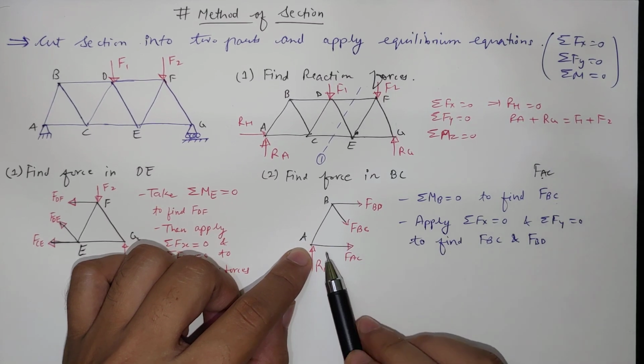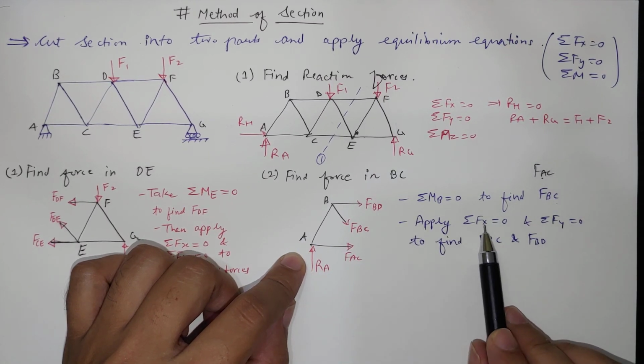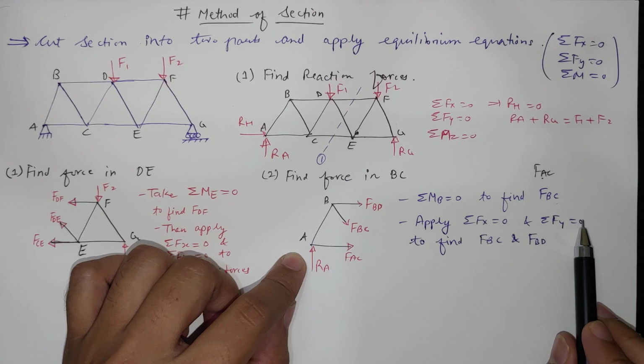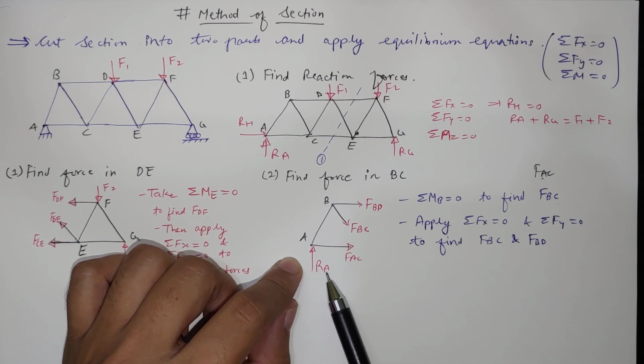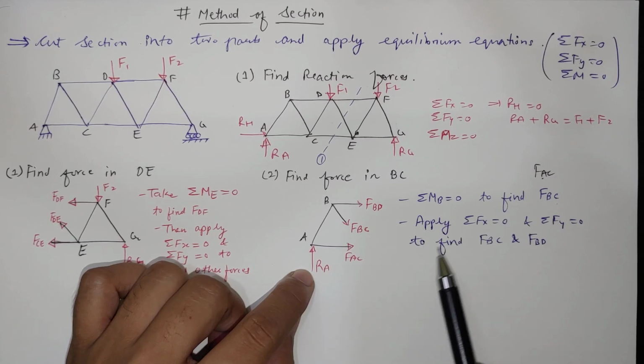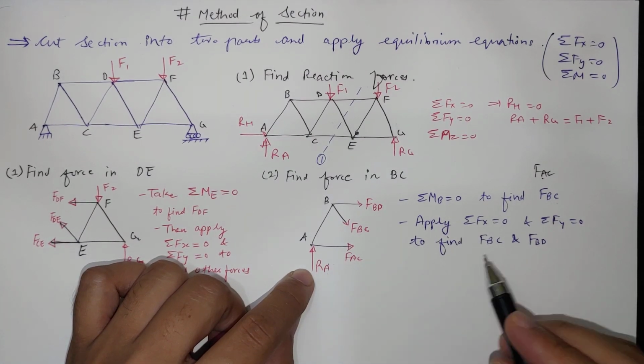Then afterward we apply the equations summation of Fx equal to 0 and summation of Fy equal to 0. When we take the FBC component in the vertical direction, that will be equal to RA, the reaction force.